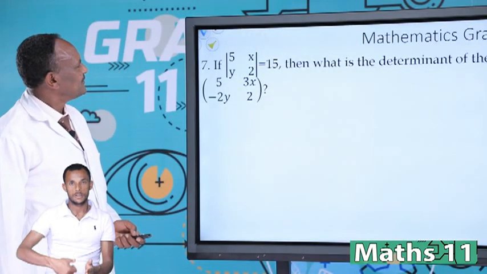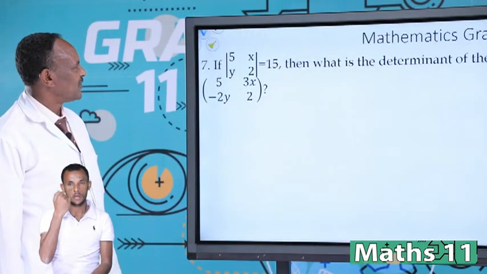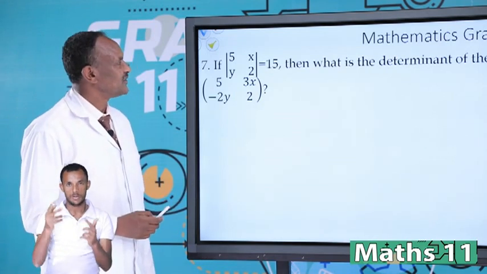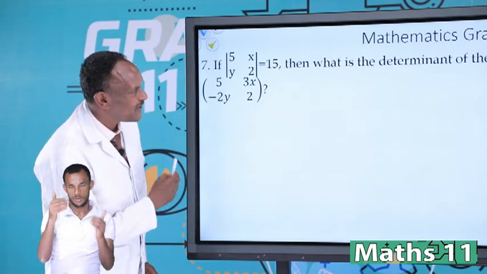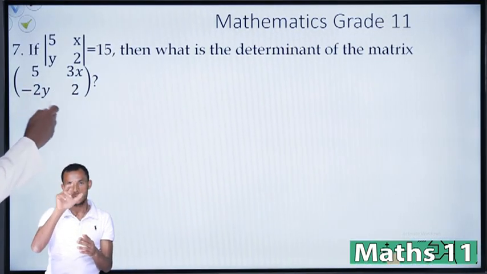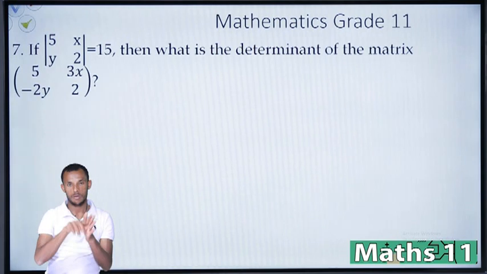The other question: if the determinant of the matrix with first row 5, x and second row y, 2 is equal to 15, what is the determinant of the matrix 5, 3x, negative 2y, 2?